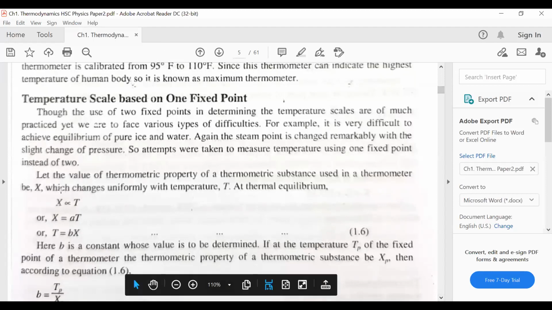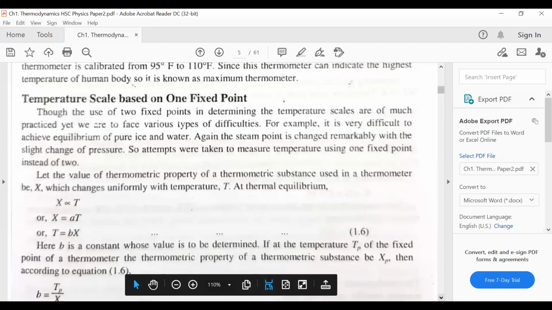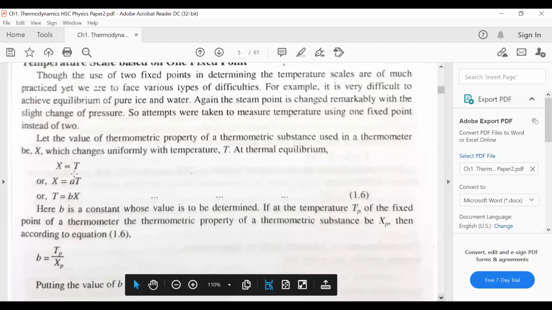Some of the properties, expressed by X, are directly proportional to temperature. As we change that property, the temperature also changes. So they are directly proportional to each other. So you can express X equal to a constant A into T, or T equal to a constant B into X. So the temperature can be expressed based on one fixed point.